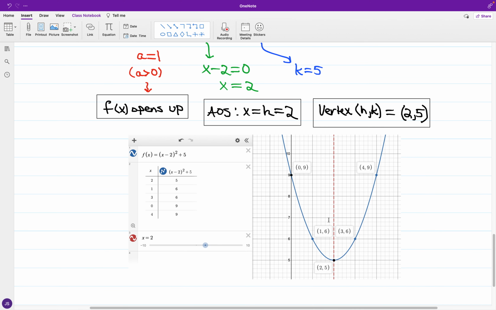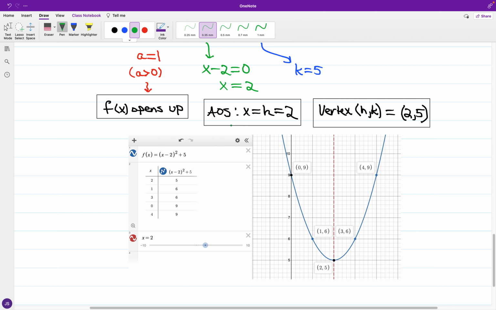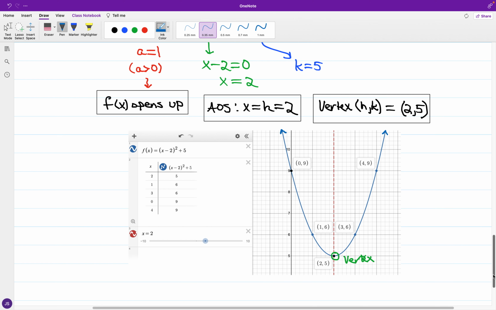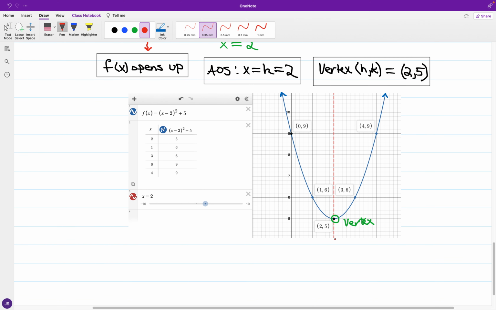And again, if you notice, we have 2, 5, and that is going to be the vertex. From the vertex, again, the graph is opening up. And if you notice the dashed red line that is running through the middle, this is going to be the axis of symmetry, whereupon we have that x is equal to 2.